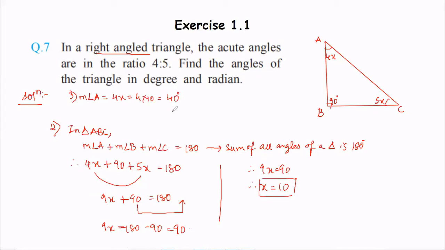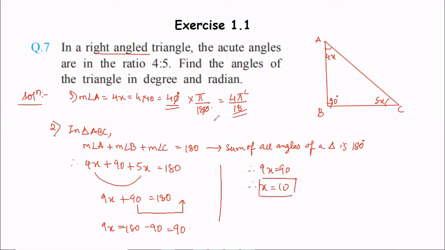This is the answer in terms of degrees. If I want to convert this into radian, I multiply by pi by 180. Let's cancel this and this. It's okay if we keep it as 4 by 18 pi radian. So that's in terms of radian.